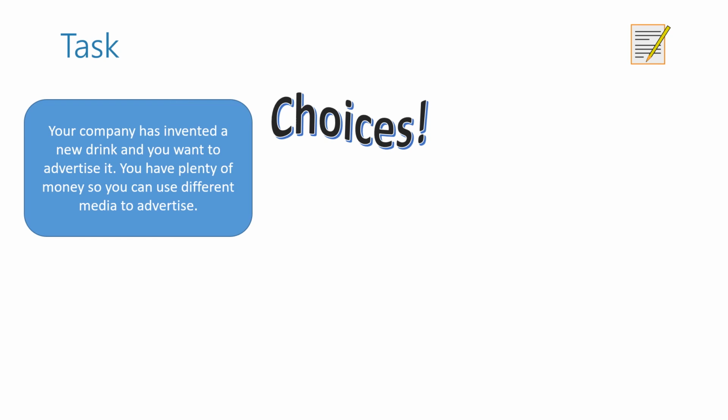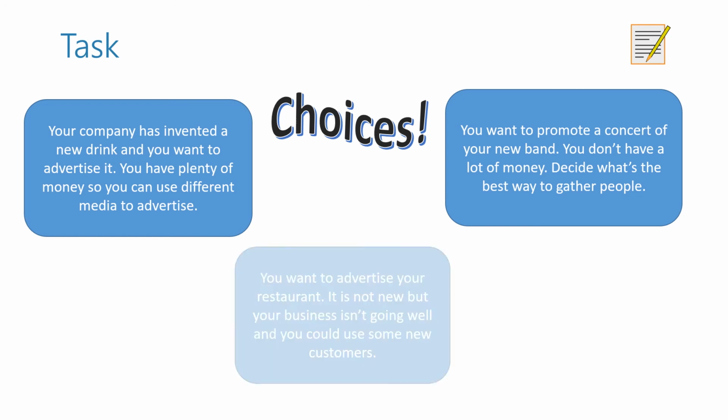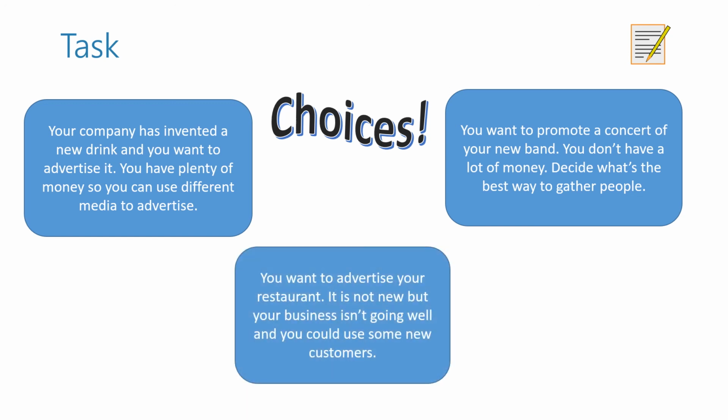You have plenty of money, so you can use different media to advertise. The second, you want to promote a concert of your new band. You don't have a lot of money. Decide what's the best way to gather people. And the last one, you want to advertise your restaurant. It's not new, but your business isn't going well, and you could use some new customers.